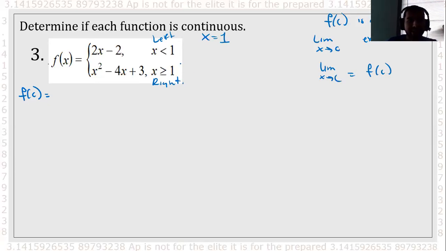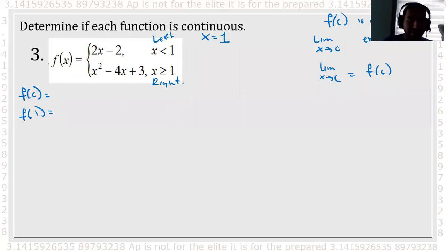So which one am I going to use to find f of c, to find f of 1? Which one actually includes 1? The left or the right?